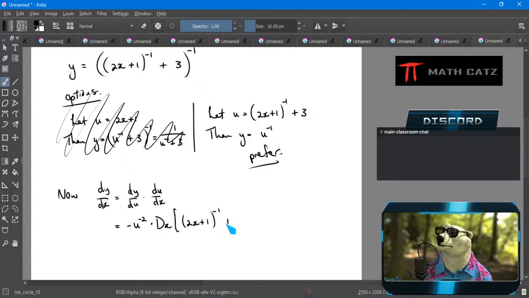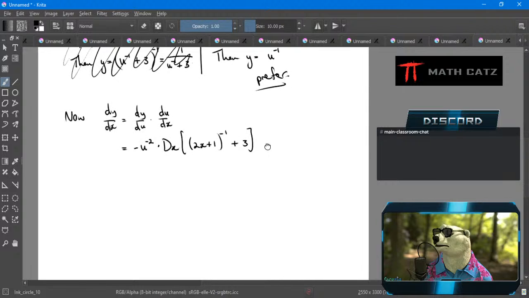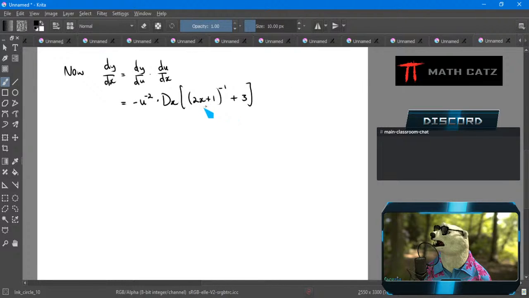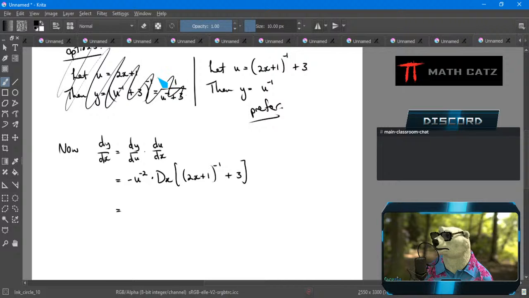It doesn't matter. What matters is that I address the outside function quickly and efficiently. If that outside function is complicated, nothing good is happening. You're welcome to try it. And in this case, it's still doable. It's okay. A quotient rule isn't the worst thing ever.